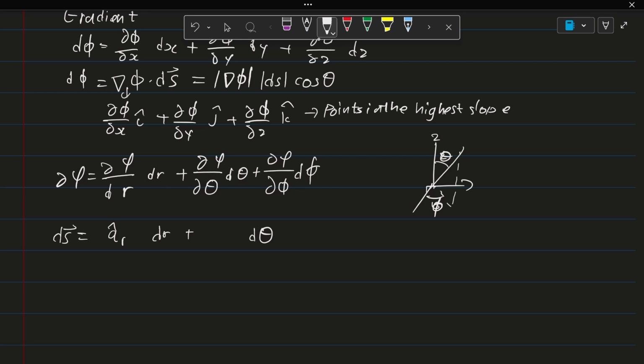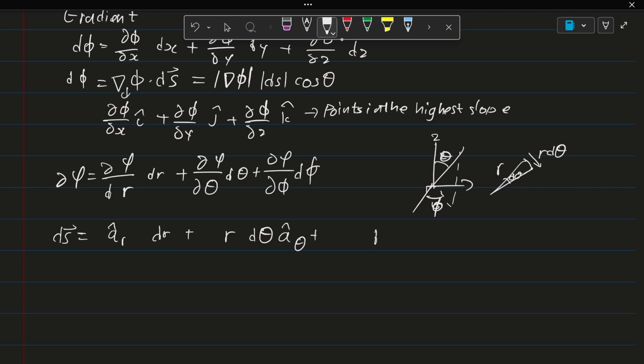This would be a very small change like this here, in which this is your d theta, with the length of r, which means that this change would be r times d theta. So it would be r d theta in the a hat theta direction.